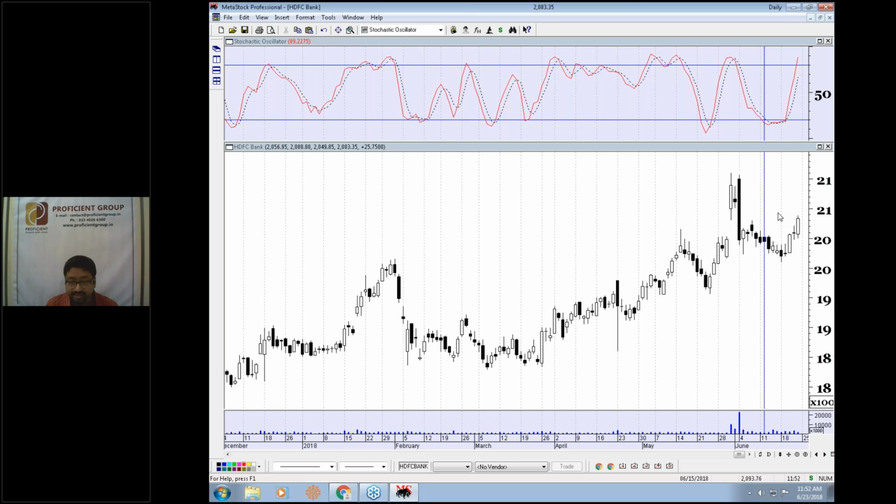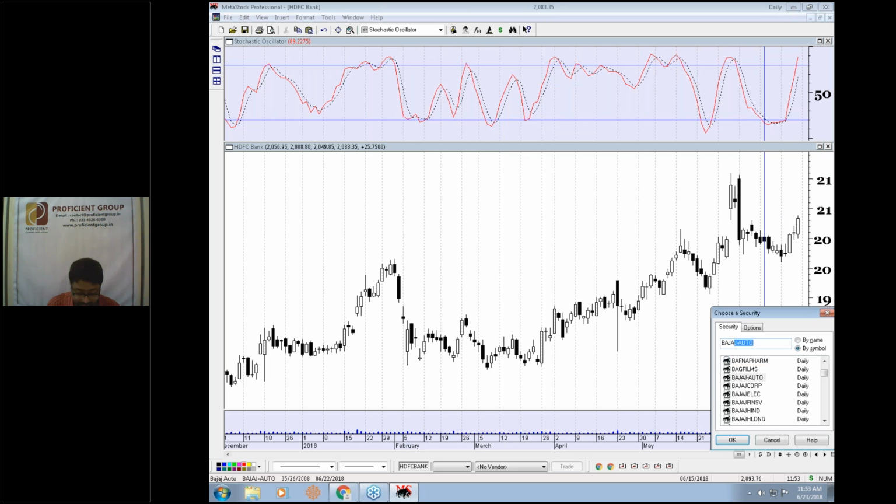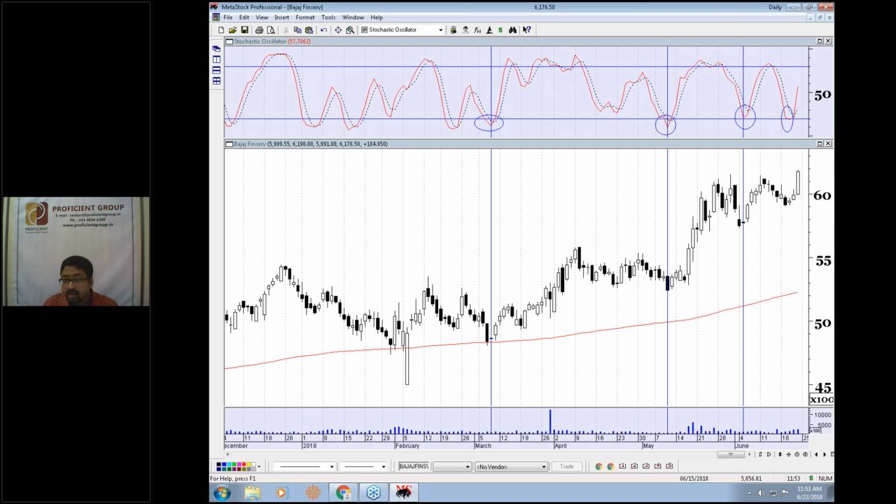The next one is a very important NBFC stock, which is Bajaj Finserv. Yes, this is the daily chart of Bajaj Finserv. As you can see, the stock price is pretty high, but I am not paying any attention to that if the uptrend seems strong, which it does.